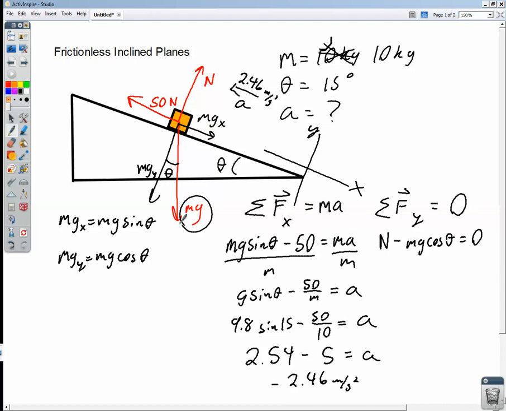If we didn't rotate our coordinate system, then we would have to find the components of the 50 newton vector and the normal force in the x and y direction. So it does make it easier. So rotate your coordinate system, use that angle theta right there between mgy and mg, and solve the problem like we always have. Sum of the forces in x and the sum of the forces in y. Plug in the forces, solve for the unknown.